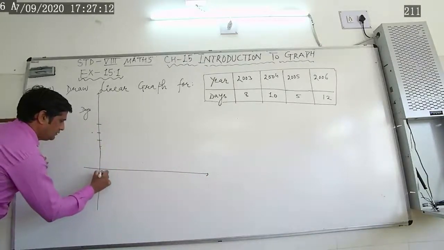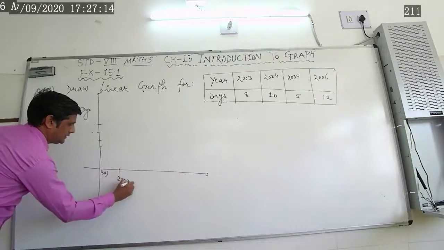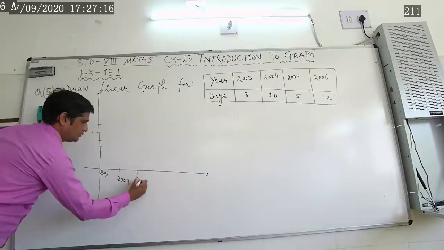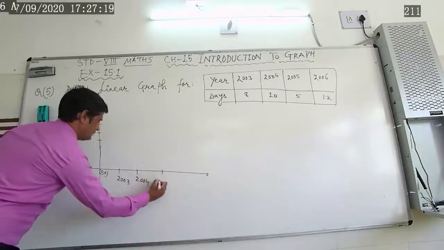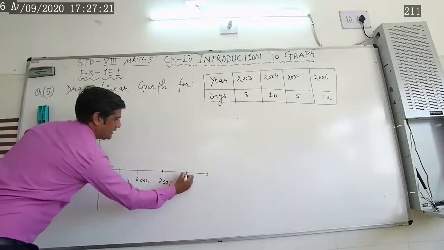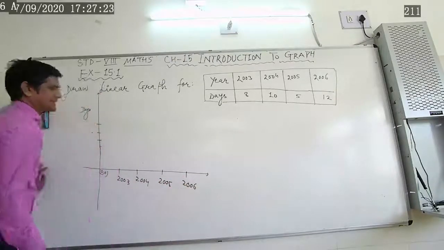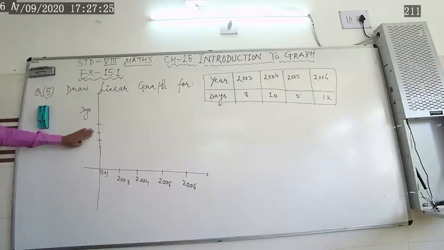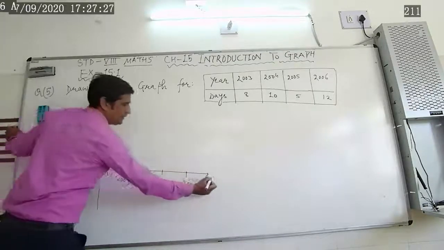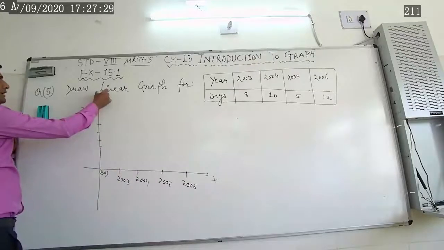0, 0, 2003, 2004, 2005, 2006. Now the numbering on the y-axis is going to be a maximum of 12.